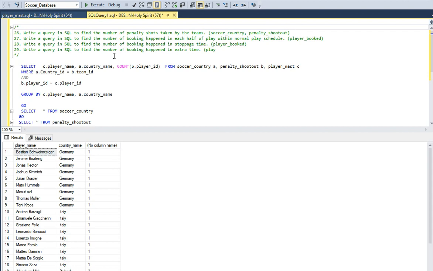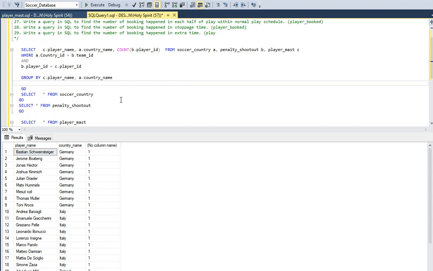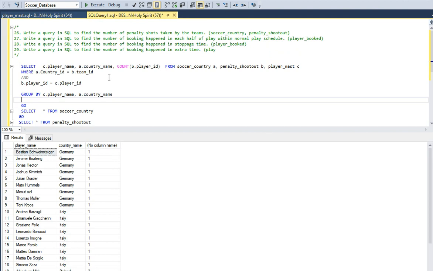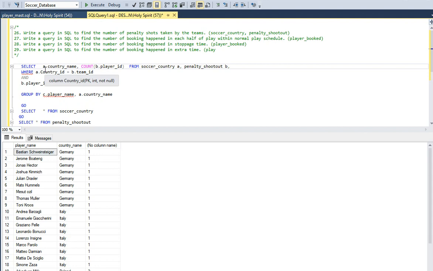Write a query in SQL to find the number of penalty shots taken by the teams. Now we need by the teams. Okay, soccer country penalty shootout. So one thing is missing here. One country, we have to take it out. Player must, C has to be out. Player name, we don't need him anymore.